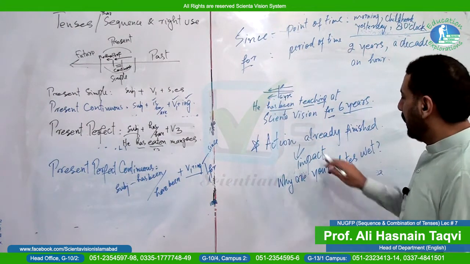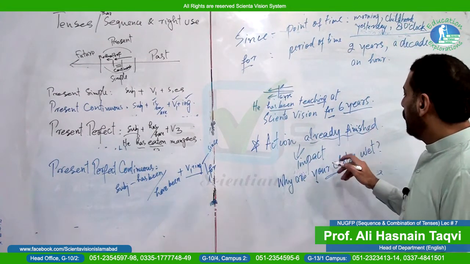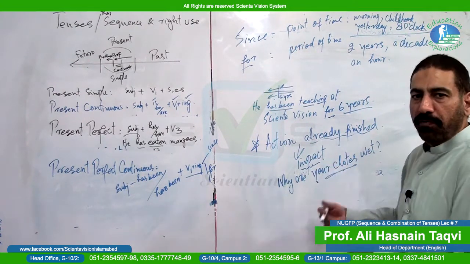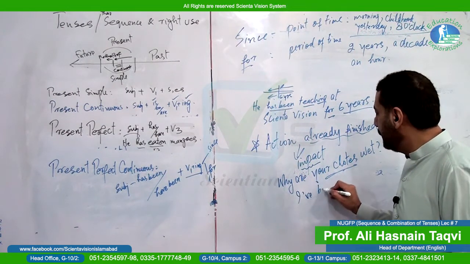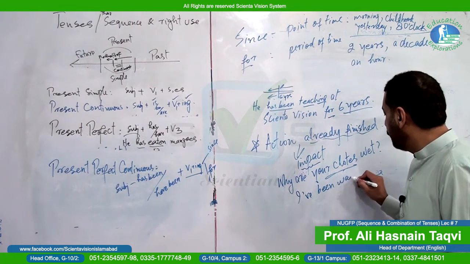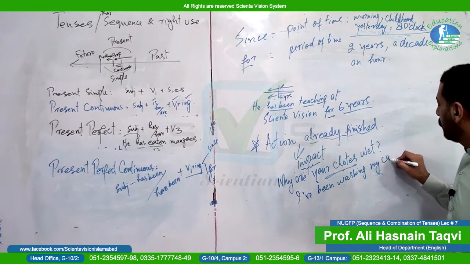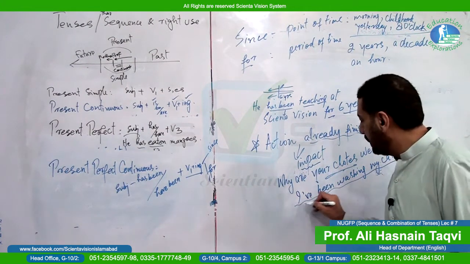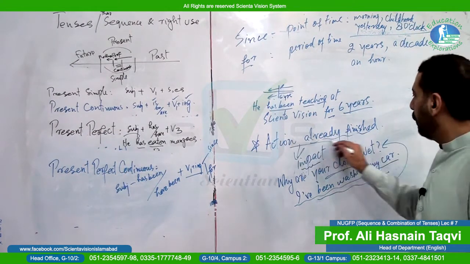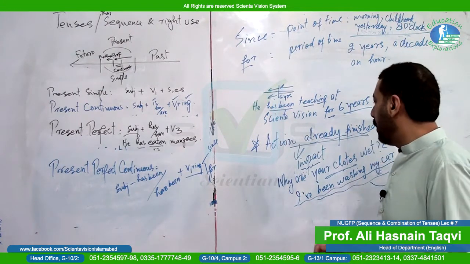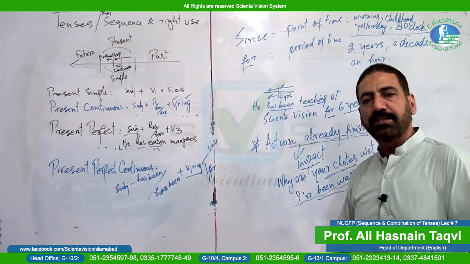Now in order to answer that, this action of getting your clothes wet has already been completed. Now the impact you have to show as to why. You would say, I have been washing or servicing my car. This expression is in present perfect continuous. Why? Because you wanted to talk about an action of recent past and its effect on you. So these are some of the applications that you need to bear in mind.